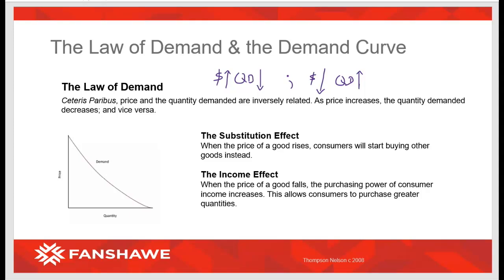Because of this substitution effect, if the price of something is going up, then maybe I'll select one of those other options that aren't going to be as expensive. Right? So if Tim Hortons coffee starts to cost $5 a cup, well, it's been good, but now I'm going to buy McDonald's coffee instead, right?